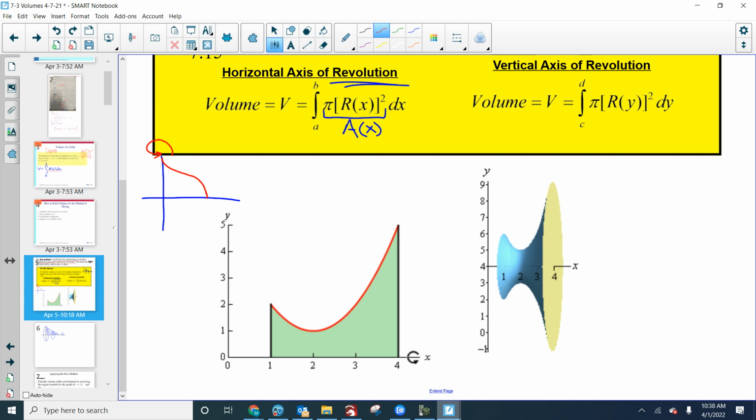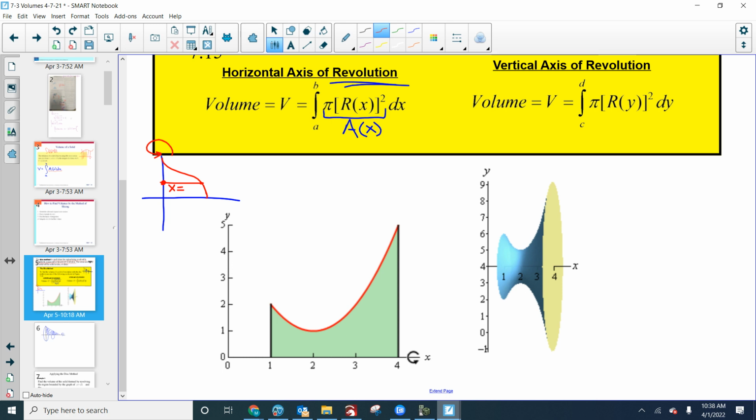If you're revolving it around the y-axis, wouldn't your radii, if I take my hand and I don't spin it this way anymore, I spin it this way, aren't my radii now going this way? It's not a y value, it's an x value, and the x is some function or relation of y. It's a radius of y.